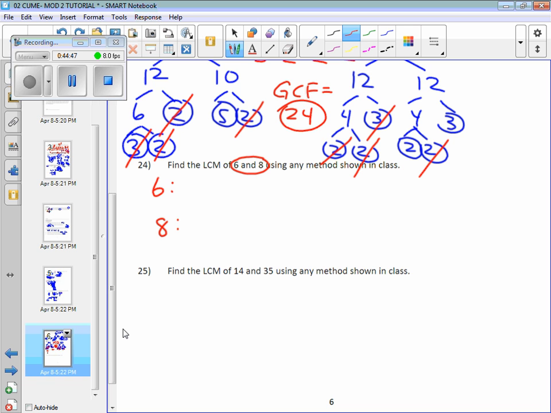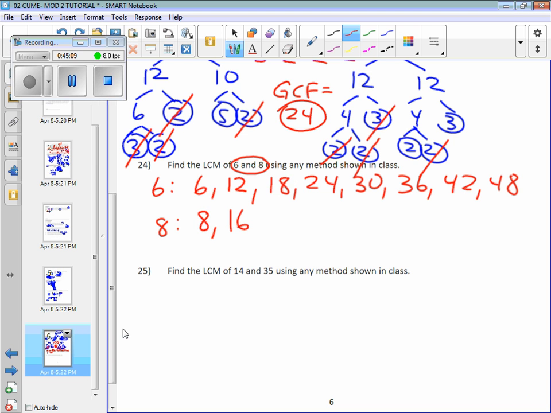So we're going to count by 6s. I don't know how high I need to count, so I'm going to do a few. Good enough for now. Let's do 8s. If you want to look, as soon as we make a match, we don't need to go any further.